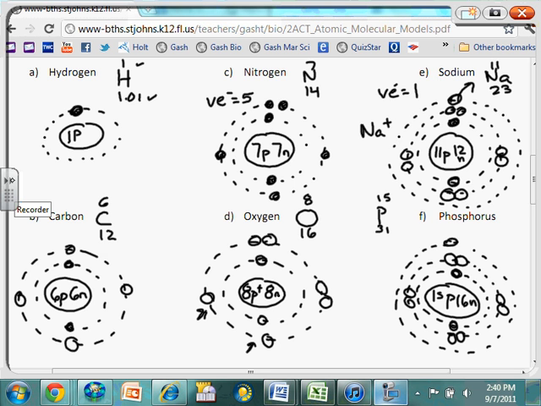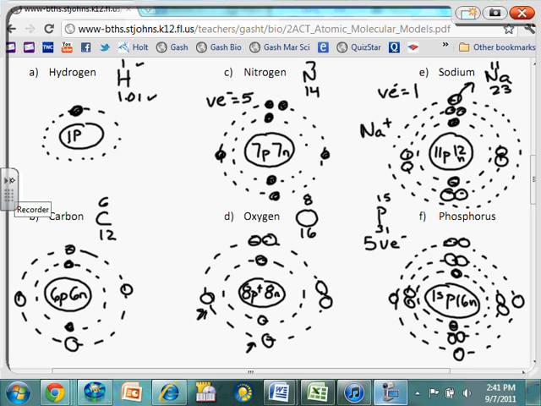We got 1, 2, 3, 4, 5. So notice phosphorus, like nitrogen, has 5 valence electrons. So phosphorus and nitrogen, if you notice, they're right in the same column of the periodic table.